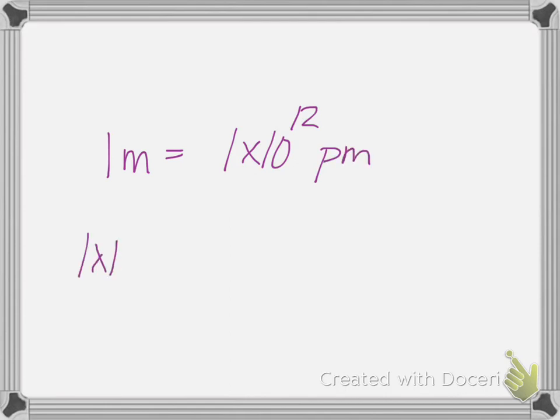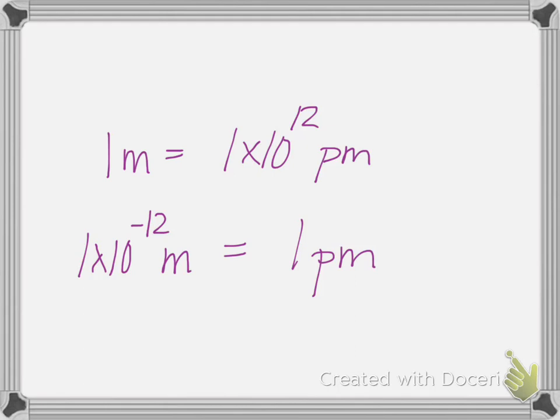Okay, if you were looking at that chart, there are two ways to look at this. I can say that 1 meter is equal to 1 times 10 to the 12 picometers. Conversely, I can say that 1 times 10 to the negative 12 meter is equal to 1 picometer. It just depends on which way you look at it.